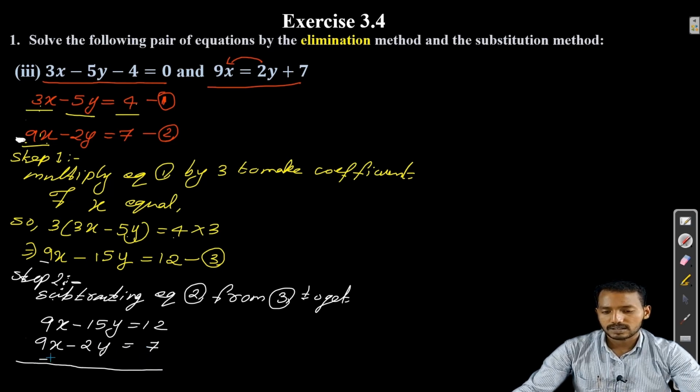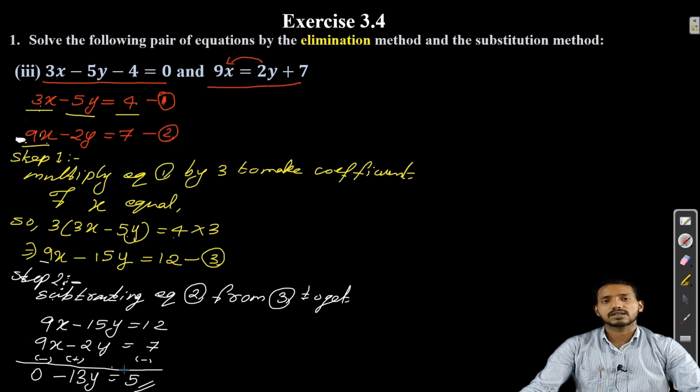Subtract and change the sign. Plus 9x will be minus, minus 2y will be plus, and plus 7 will be minus. So 0, minus 15y plus 2y will be minus 13y is equal to 12 minus 7, which is 5.